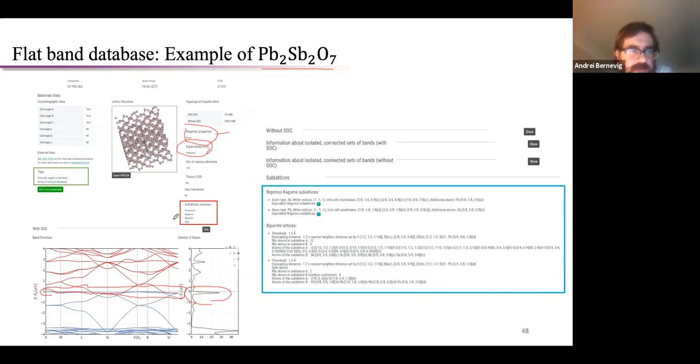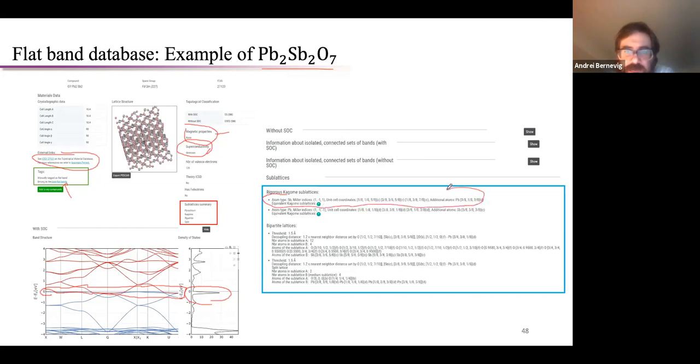Okay, and then you get a lot of information like the band structure, the topological character. If you go here on the topological database, this belongs to the flat band list. And then you also get information about which atoms form sublattices.